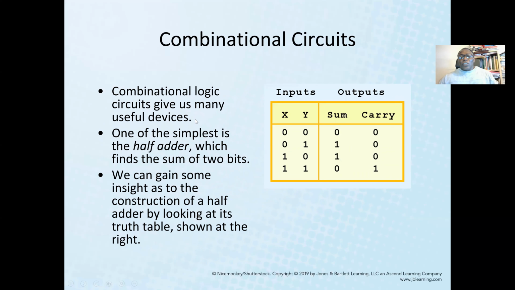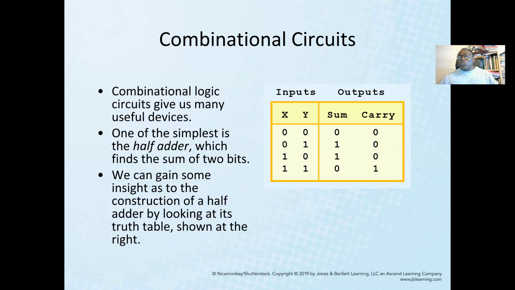So a combinational logic circuit gives us many useful devices. One of them is the example here, which we call the half adder, which finds the sum of 2 bits. We gain some insight into how to construct the half adder by looking at its truth table shown at the right. You can see here I have inputs, because I'm adding 2 numbers, X and Y. 0, 0 gives me 0; 0, 1 gives me 1; 1, 0 gives me 1; 1, 1 gives me 0, remainder 1.